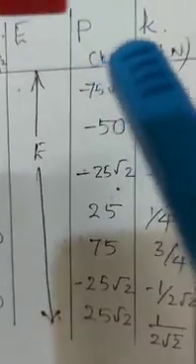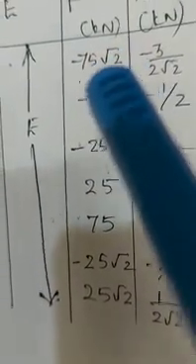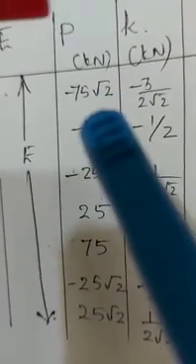So the next entry is important. It is the value of force in the members due to the first analysis, that is due to the action of 100 kilonewton at C. You have carried out the analysis, no? So the forces developed in the 7 members are entered in this column.